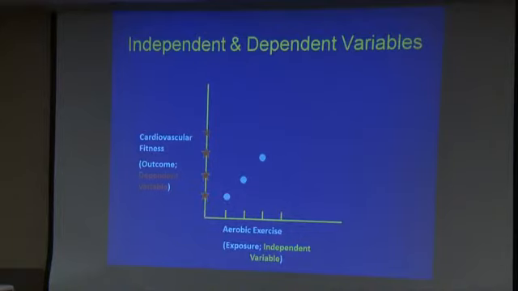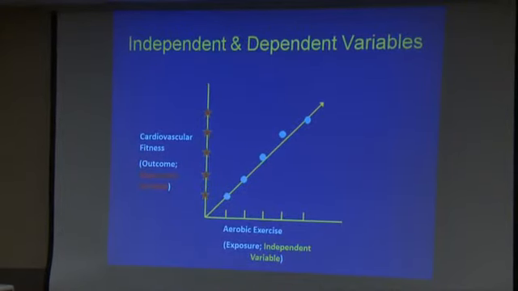I think you get the idea, you see the pattern. Eventually we get something we can make sense out of, and we can draw a line through it. It looks similar to the previous graph, where one variable, the aerobic exercise, the independent variable, increases, and cardiovascular fitness increases along with it.